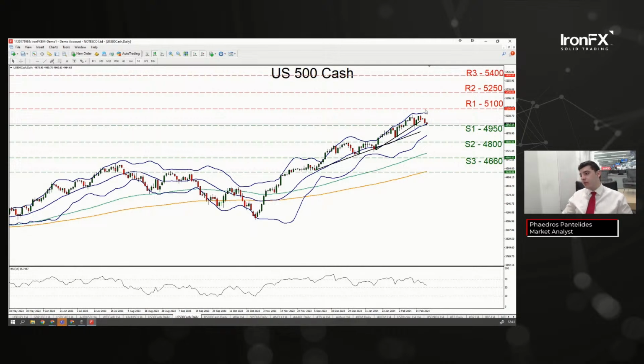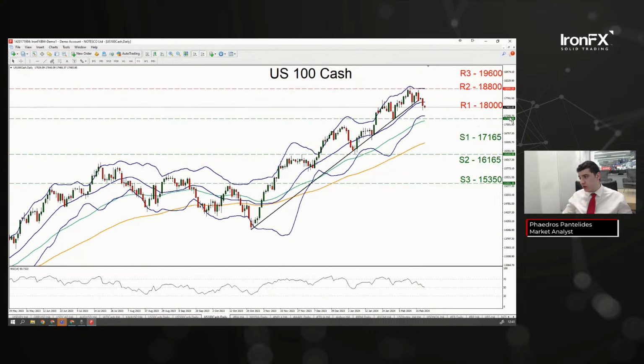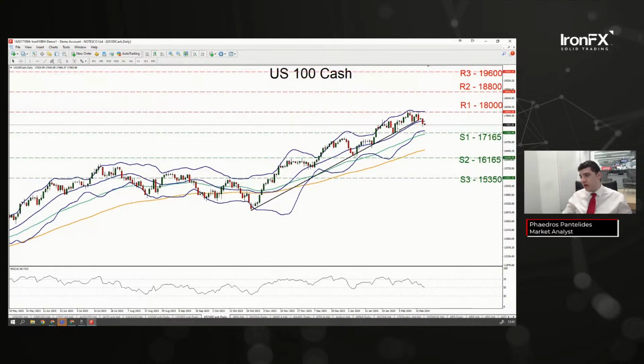The breaking of our upwards moving trend line might signify that the bulls may be losing momentum. 55 RSI, sideways, no longer bullish. Breaks below S1, will switch towards a bearish outlook. Look at the Nasdaq as well, taking aim for S1, 17,165, breaking below upwards moving trend line, signifying that perhaps the bulls may have lost control of the index. If it breaks below S1, continuing our bearish outlook down to S2.